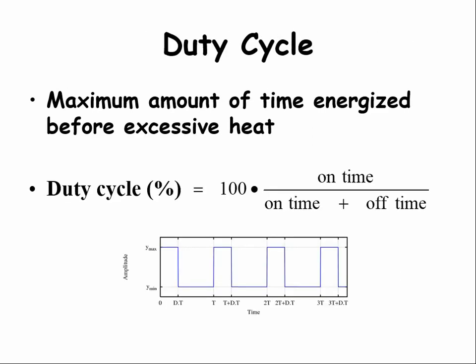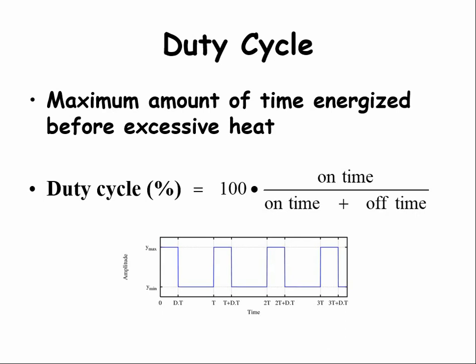Another characteristic that you should be thinking about when selecting relays and other devices with coils is the duty cycle. The duty cycle describes the maximum amount of time that the device can be energized before the device begins to generate excess heat. If a device has a 100% duty cycle, that means the device can be energized continuously or 100% of the time.